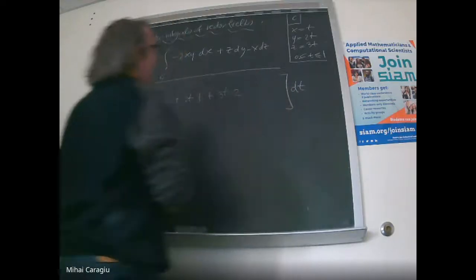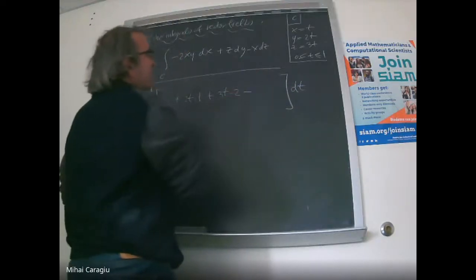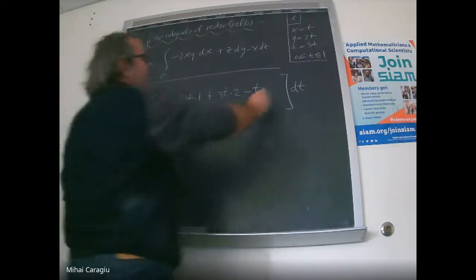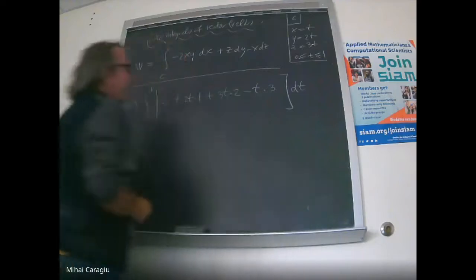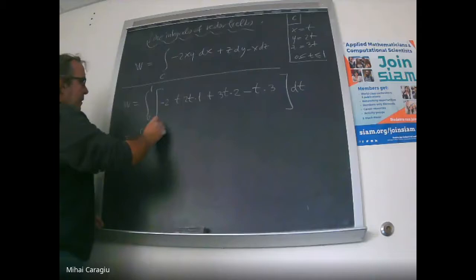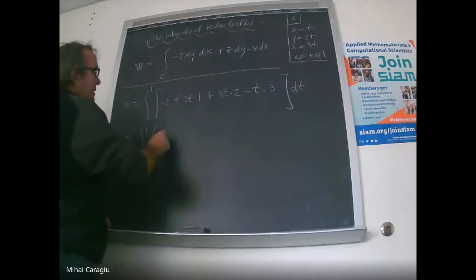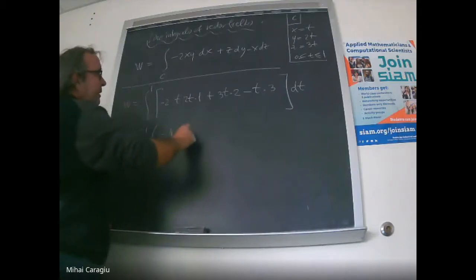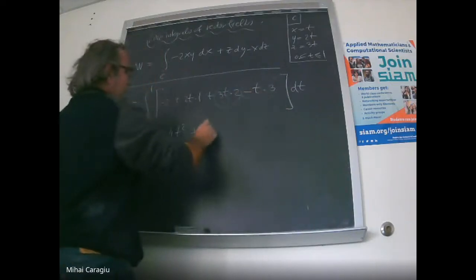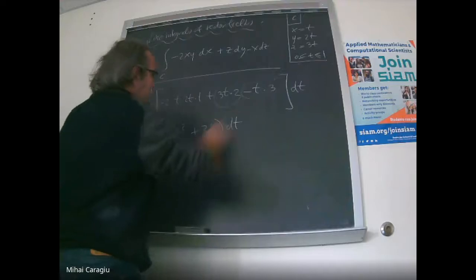Minus x, so minus t times dz is 3 dt. And that will be the integral from 0 to 1 of minus 4t squared plus 6t minus 3t, which is plus 3t, dt.